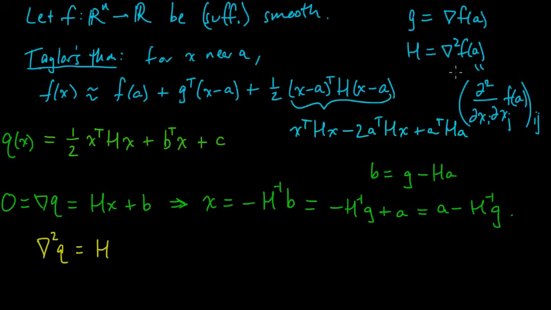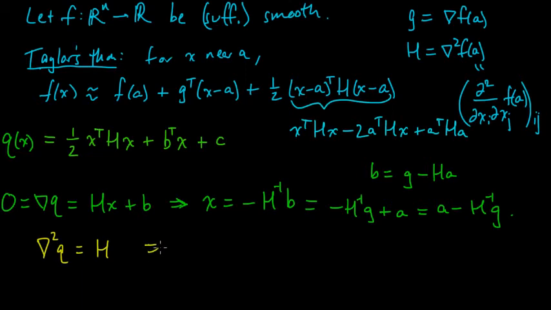But the nice thing is that as long as F is a convex function, or at least convex at this point A, then if F is convex, its Hessian is positive semi-definite, and so the Hessian of Q is positive semi-definite, and that would mean it's a minimum.